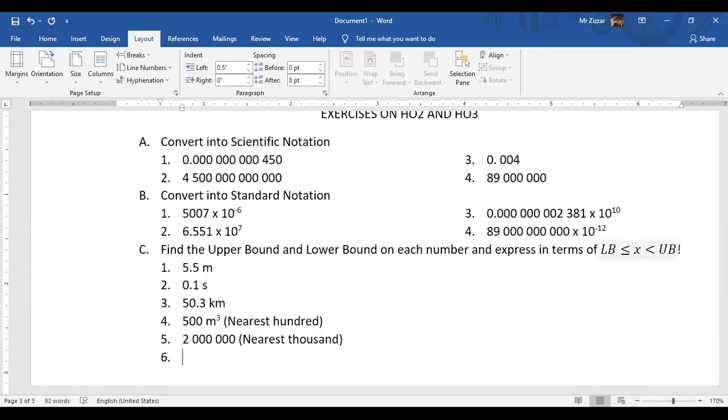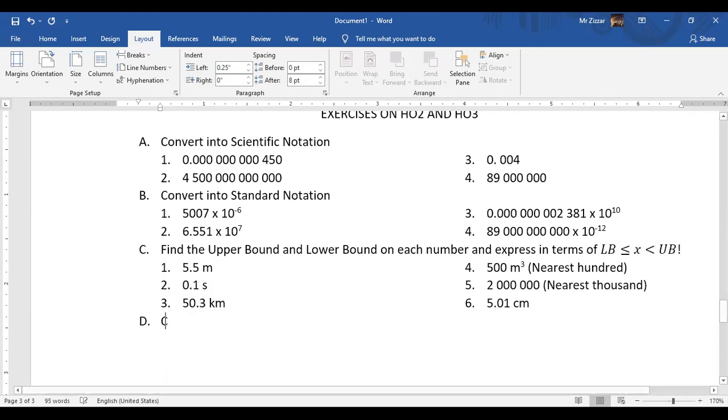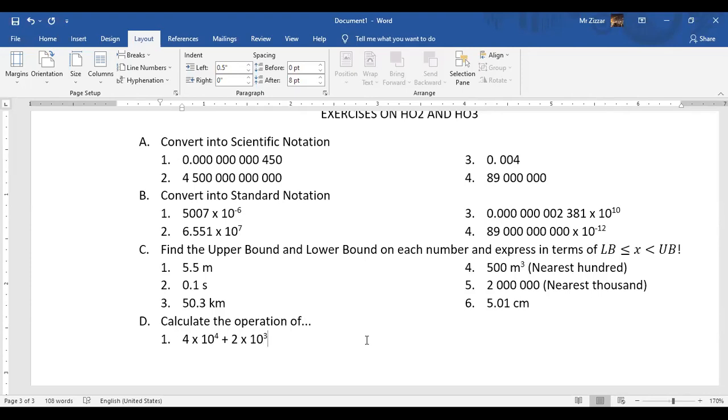What other number? Oh, P. There you go. This one is a bit difficult, guys, the part D. So you have to calculate the order of operation.